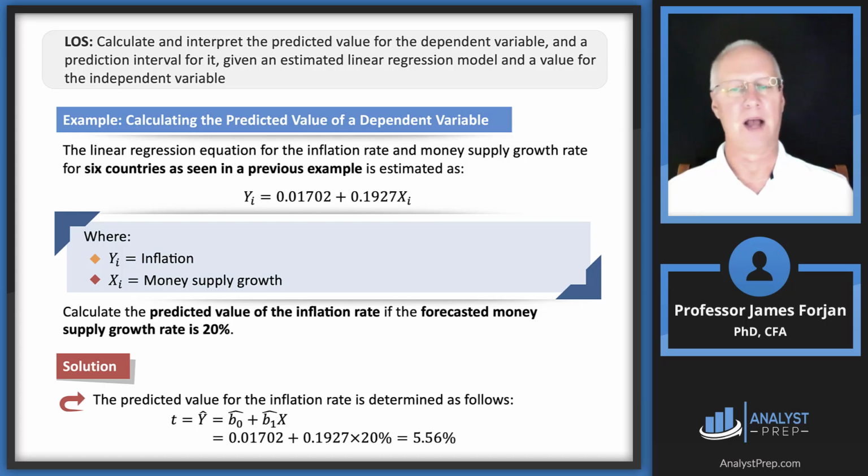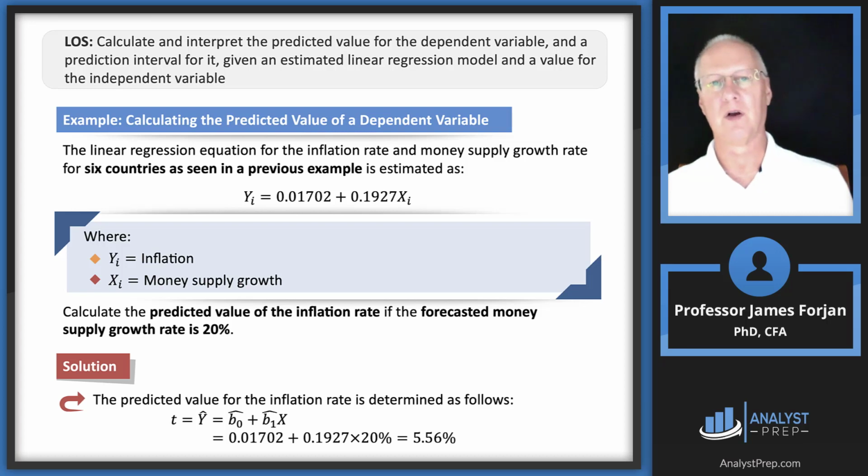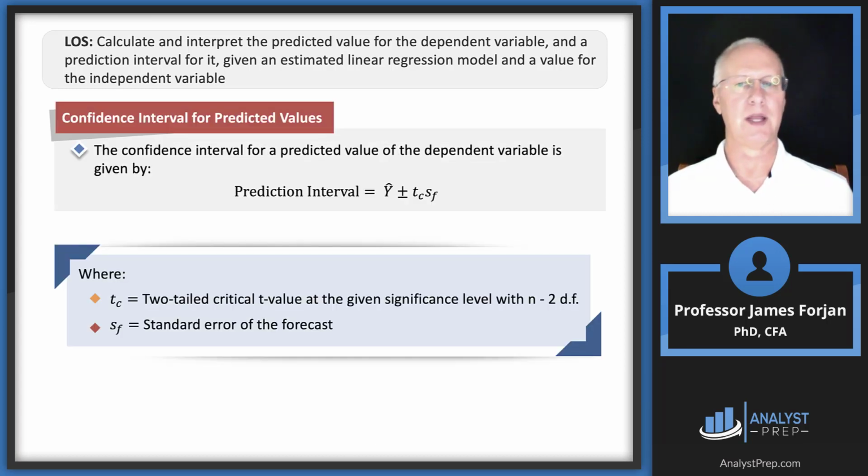And there you go, 5.56. So what do we say? If the money supply growth rate is 20%, then we expect inflation to be 5.56. So that takes care of both parts of the LOS, to go ahead and calculate it and to go ahead and interpret it.